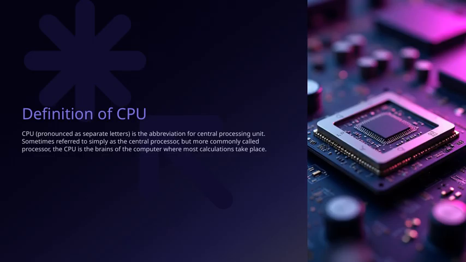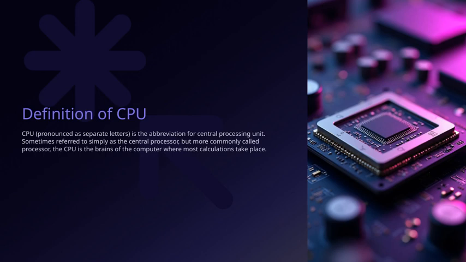Let's talk about the CPU, which is actually pronounced by spelling out each letter. CPU, it stands for Central Processing Unit, which is essentially the core of the computer. Sometimes you'll hear it called the central processor, but more often, it's just referred to as the processor. Think of the CPU as the brain of the computer, because this is where most of the calculations and processing tasks happen.